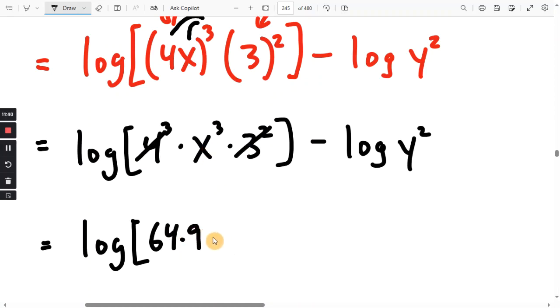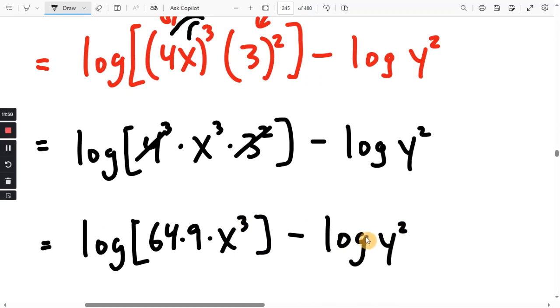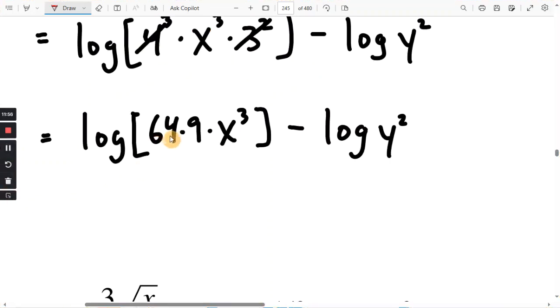And x to the third is just x to the third. And that's minus log of y squared. Okay, some of you can do this in just one step, really. All right, on the calculator, 64 times 9 gives us 576.